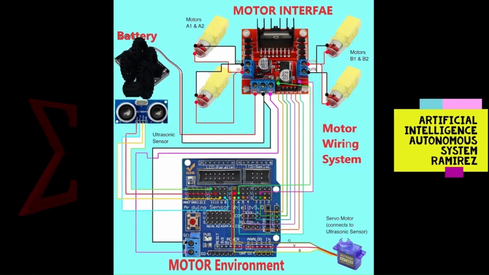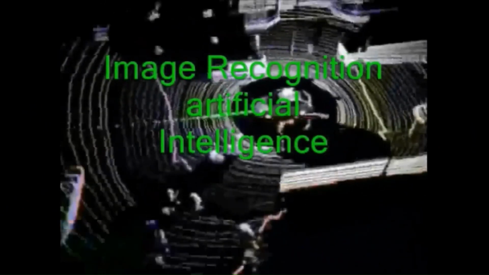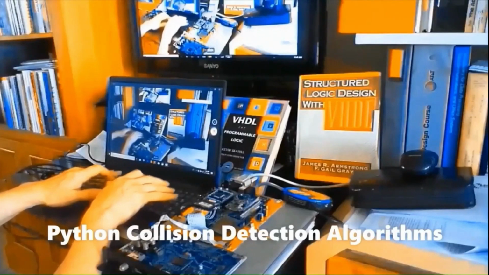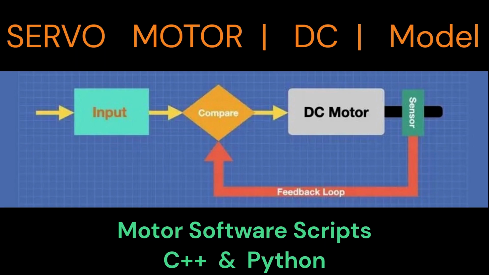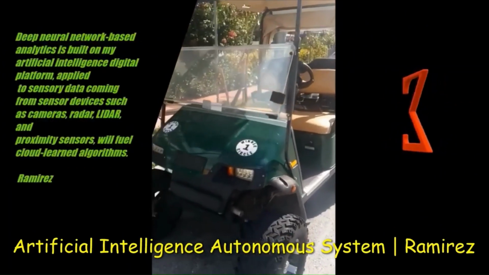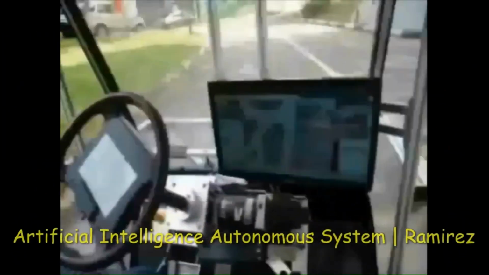So the lower layer of the architecture includes motors and the motor drivers. This layer is responsible for the propulsion and the steering of the robot.